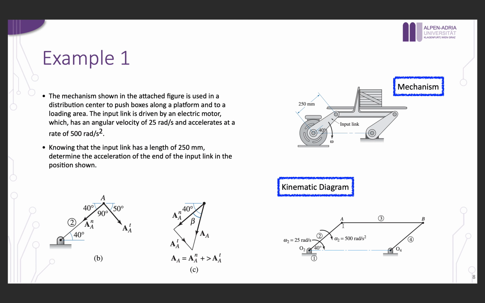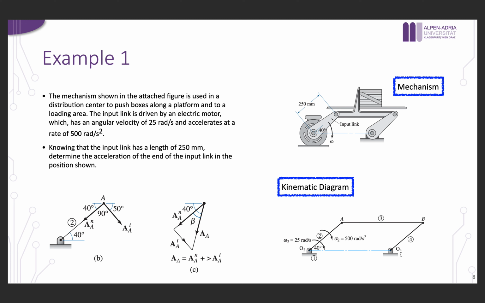Now let's take the first example to understand how we can do acceleration analysis of mechanisms. Here we have the first mechanism. It is a planar mechanism with one degree of freedom. We have the links: the second link, which is this one, the third link, and the frame.